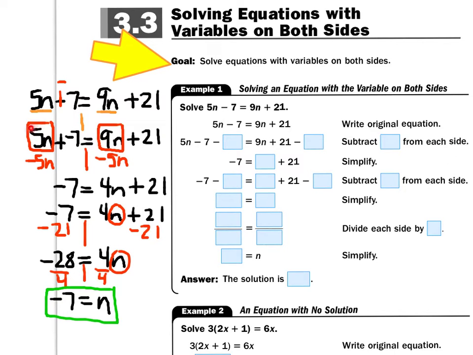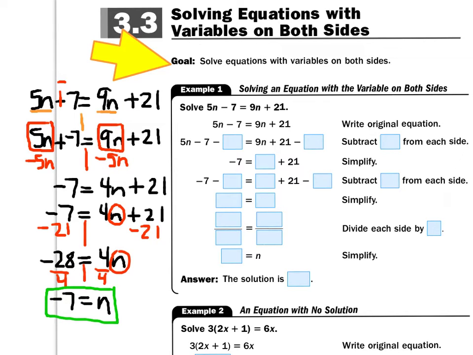So see how there's a positive 5n and a positive 9n. Well, the positive 5n is the smaller one, so that's the one I'm going to destroy. Now, when I say destroy, I have to destroy the whole entire thing. So see how 5n is being added to the negative 7? I'm going to subtract 5n from both sides of the wall, okay?